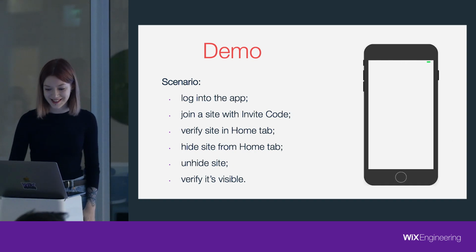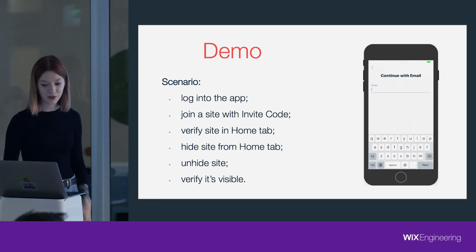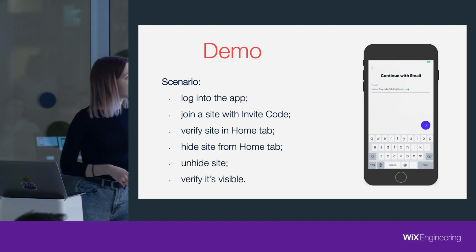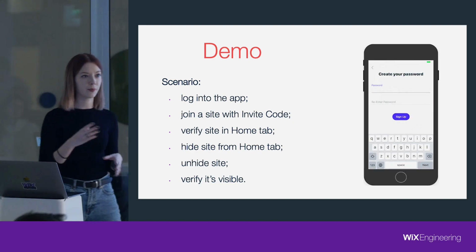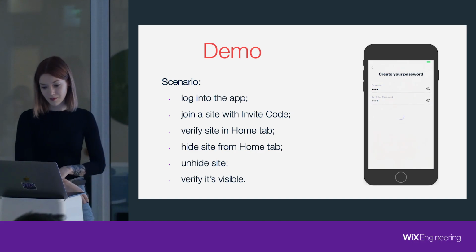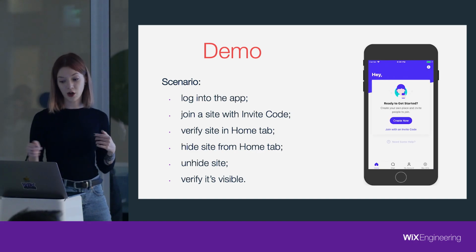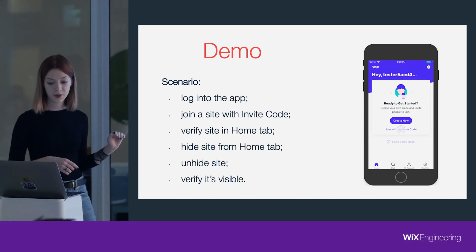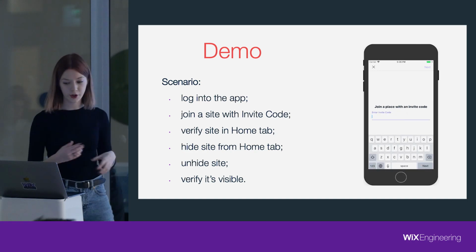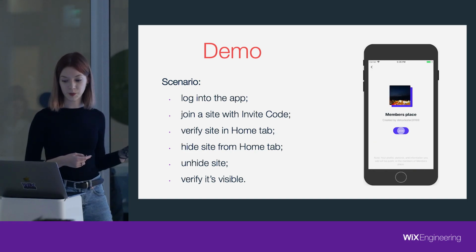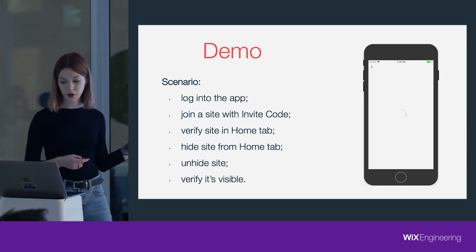So in this demo, user logs into the app, and because it's a new user, it's also doing the type in password and verify password flow again. And after it logs in, it verifies that the empty state screen is visible, and right now it tapped join with invite code button, and the invite code is being typed in, place is joined.